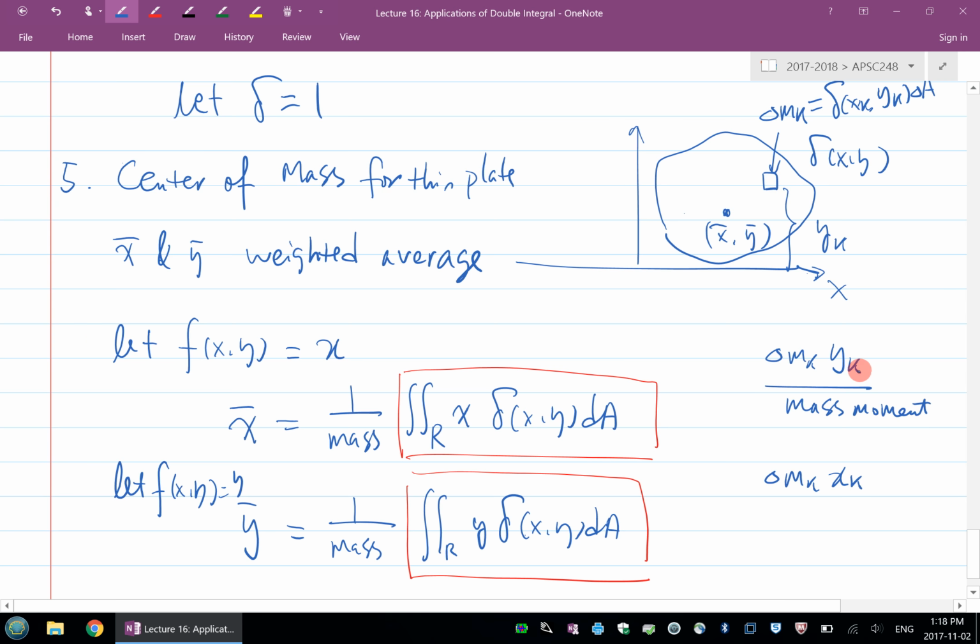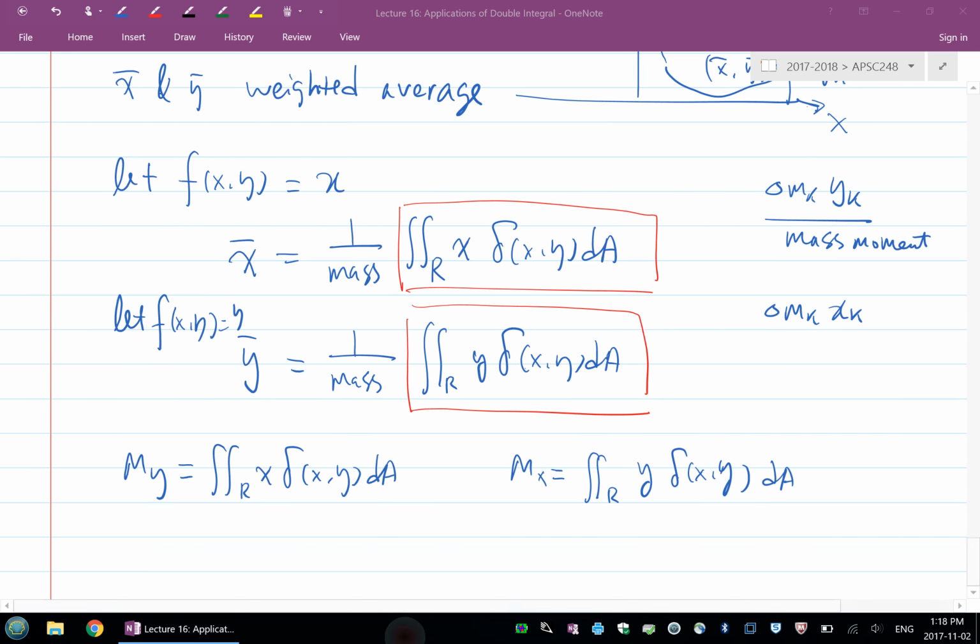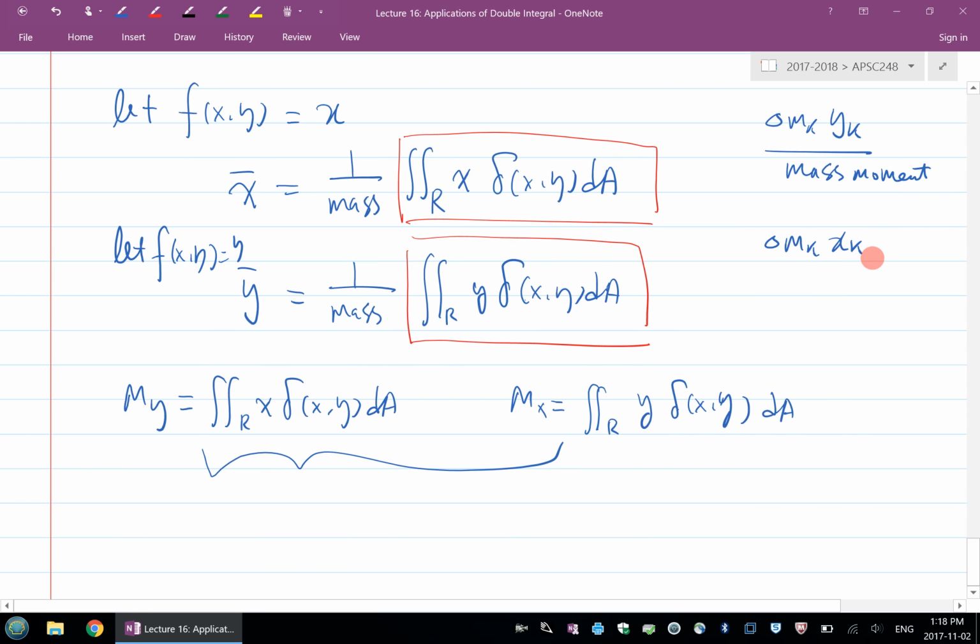This is a mass moment for a single small mass. If you add all of the small mass moments up, then you get this my and mx here. These two have a name: it's called the first moment of the area.